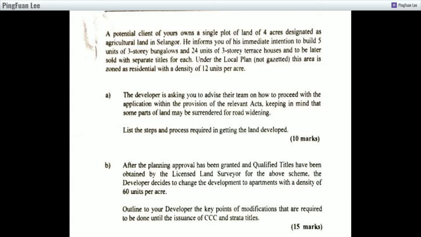They mentioned 5 units of three-story bungalow and 24 units of three-story terrace house to be later sold with separate titles for each. So when they say to be later sold, I don't understand what's going on here. Do they intend to sell it after CCC or what?